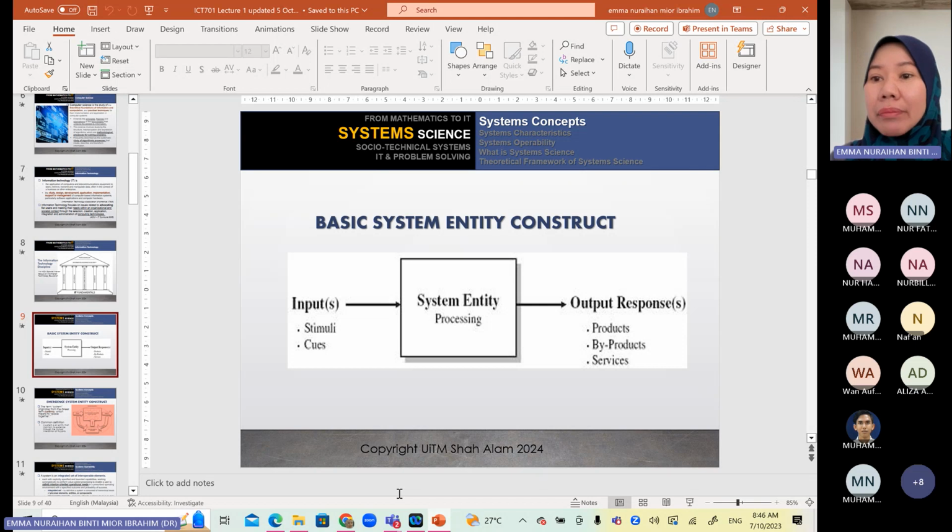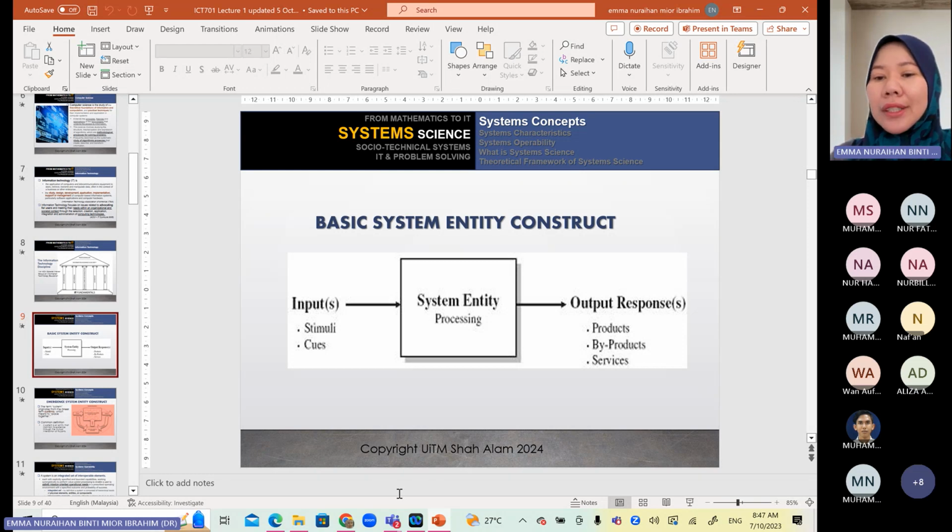And what will be the input? Not just data, okay. You have to think about stimulus. Stimulus can also be an input. Cues can also be an input. So not necessarily data. Data can be in a different format. Processing, of course, you have a CPU to process whatsoever.